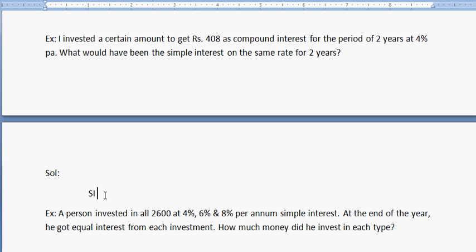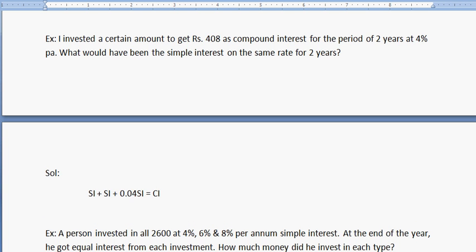If you see very closely, on that P for the next year I would get SI, plus I would get certain interest on SI, which would be 0.04 times SI. This would be equal to CI, the compound interest.